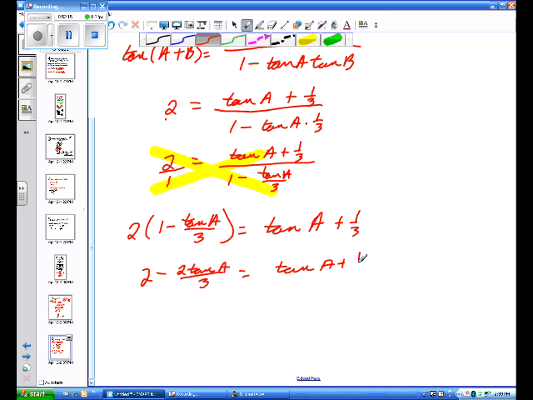Now, one of the things we learn in algebra is if we've got fractions and we don't want to have to deal with the fractions, we can multiply both sides of our equation by the common denominator, which in this case is 3.